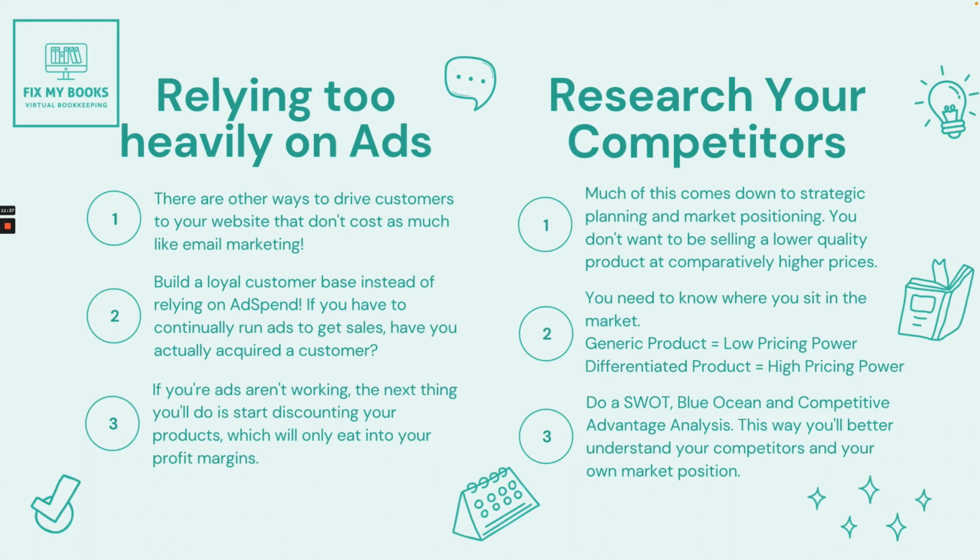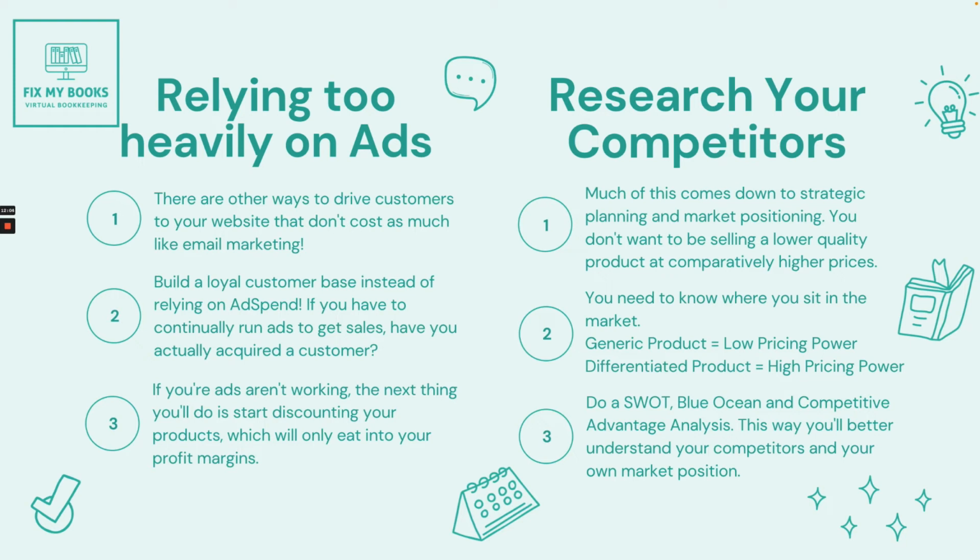If it's a differentiated product, let's say instead of a ballpoint pen, you have a friction pen, which, if you're not familiar, friction pens are a special kind of pen that you can erase. So if you have a differentiated product like a friction pen, then yes, you have high pricing power. But if your product is generic, then you're going to have lower pricing power.